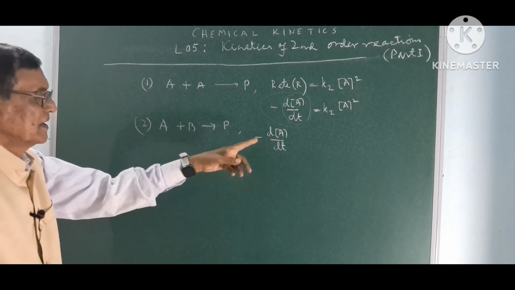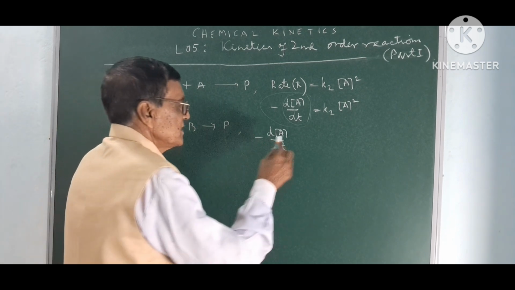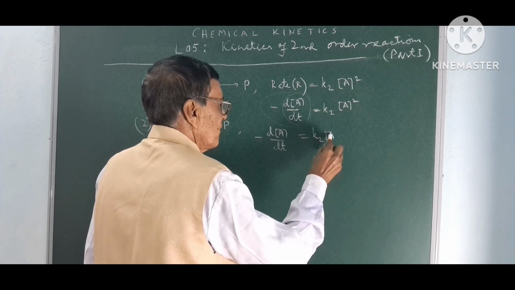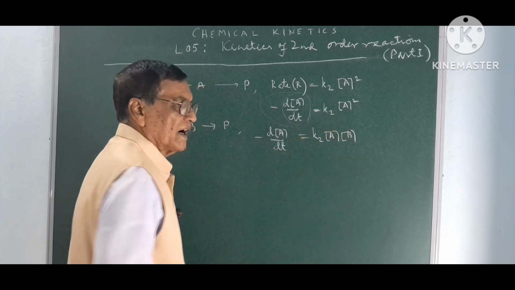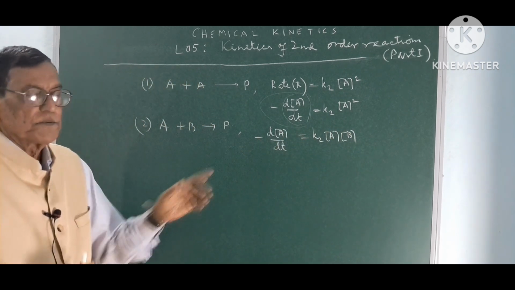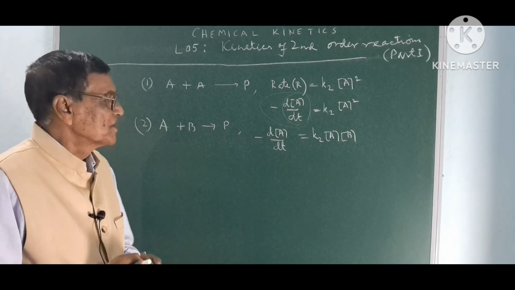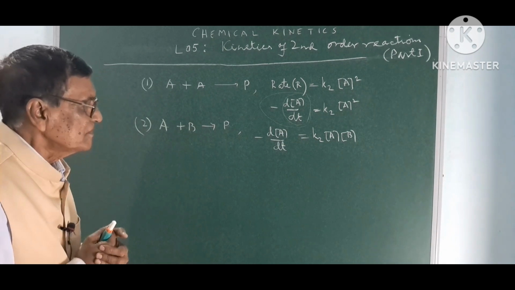The rate refers to the reactant A, and this is equal to K2 times the concentration of A and the concentration of B. Both the concentrations are affecting the rate of this reaction, and K2 is again the rate constant, and the rate is positive. This is the rate equation.